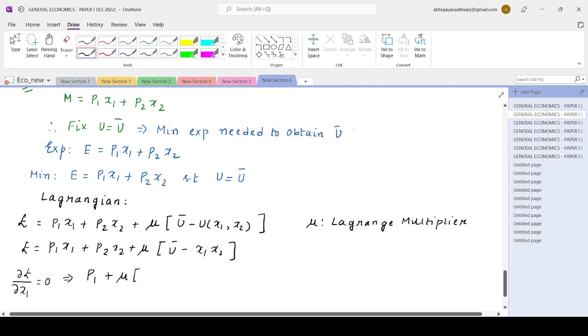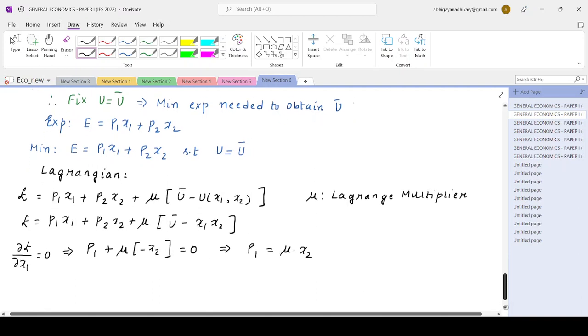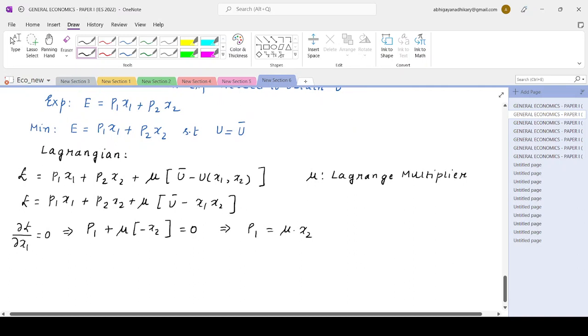So p1 plus mu times minus x2 is equal to 0, that means p1 equals mu times x2. Then del L by del x2, setting it equal to 0, gives us p2 plus mu times minus x1 equal to 0, so p2 equals mu times x1.